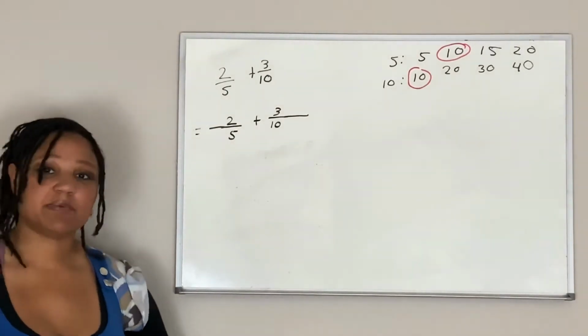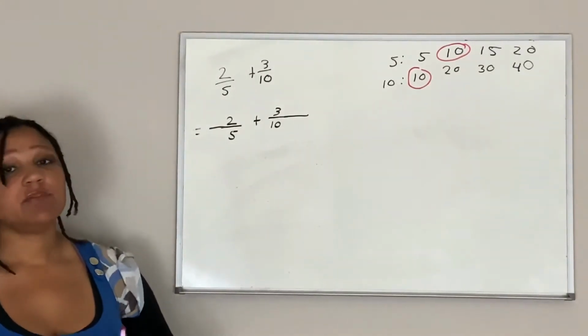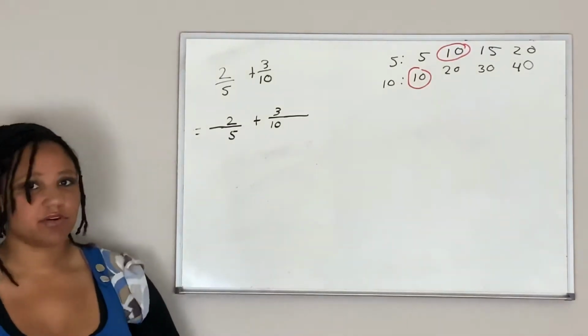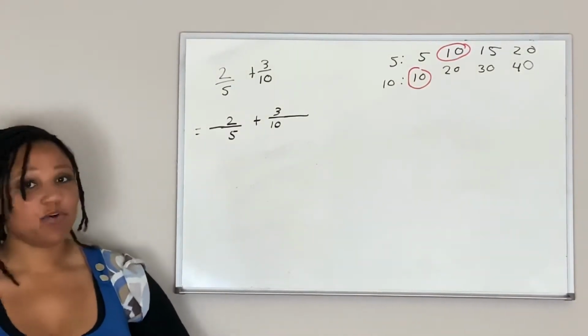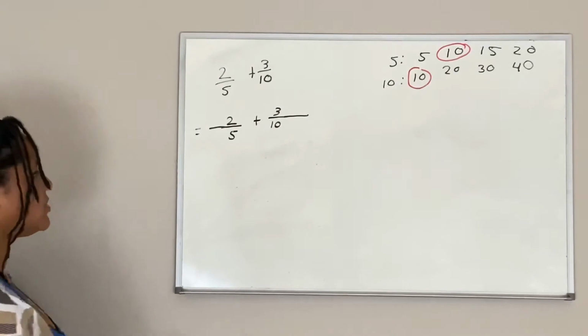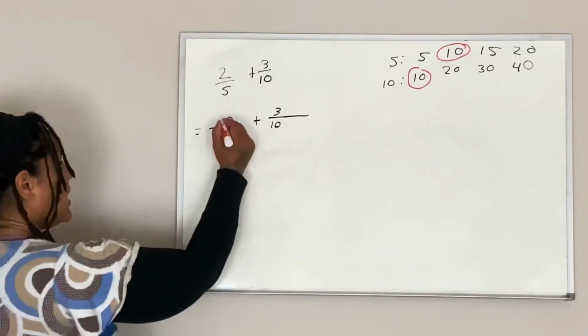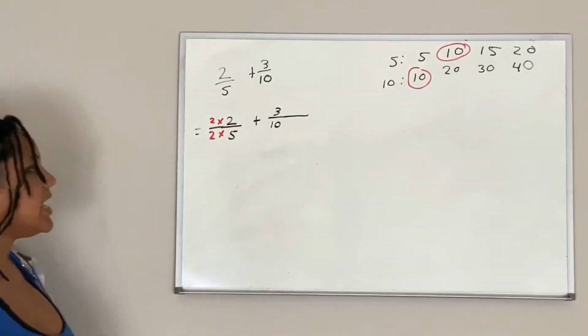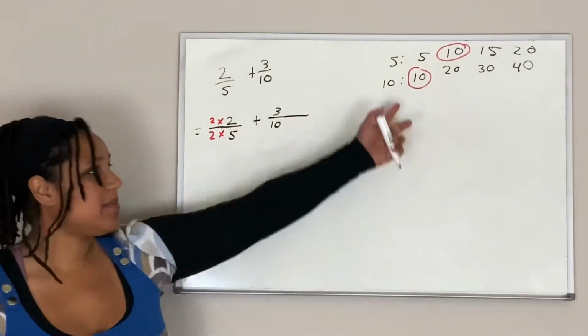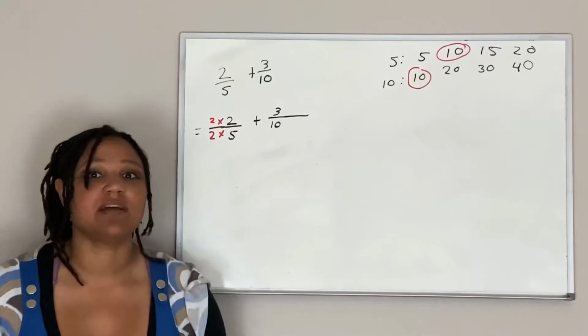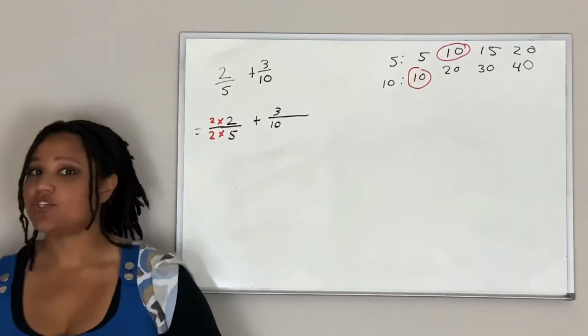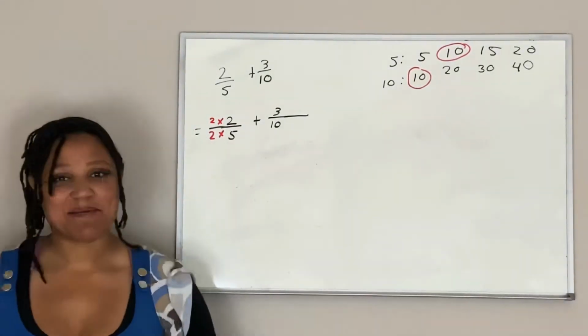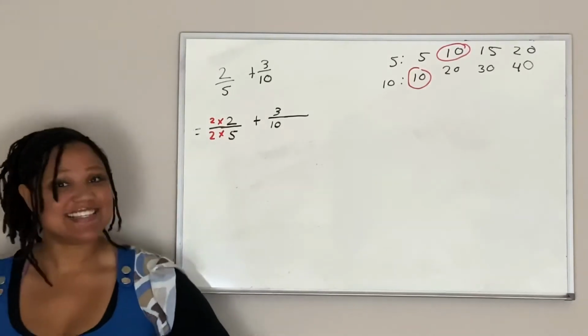But in order to multiply it by the number 2, we have to also multiply the numerator by the number 2 because we have to obey the laws of mathematics. So I'm going to multiply the top and the bottom by the number 2. Now 10 can stay as is. Why? Because our least common denominator is a 10.